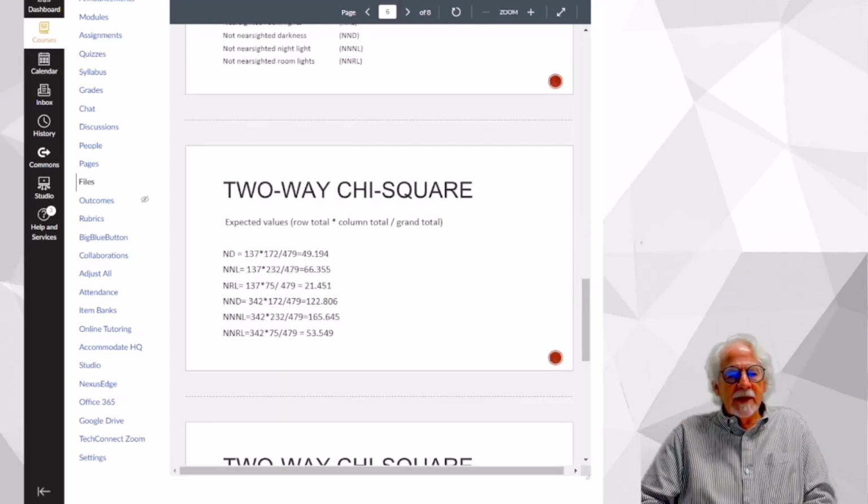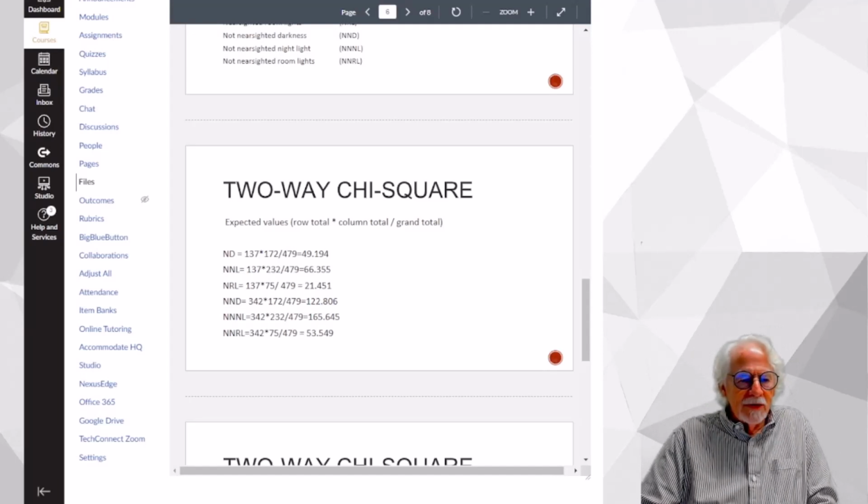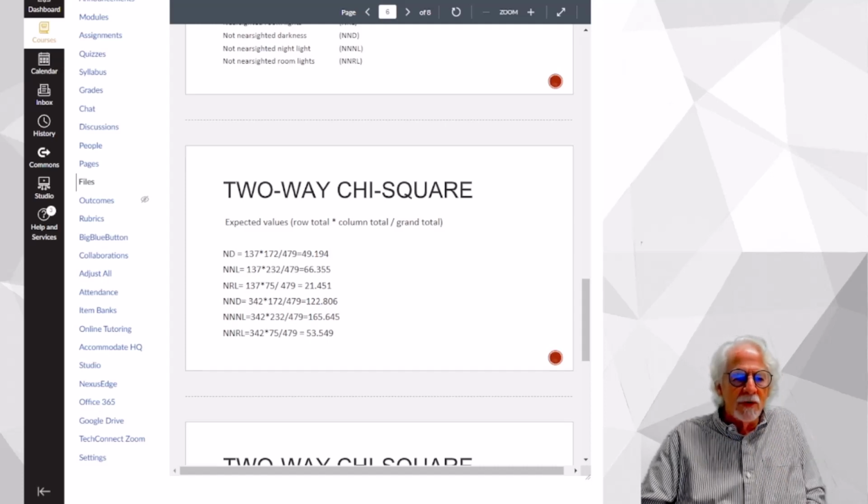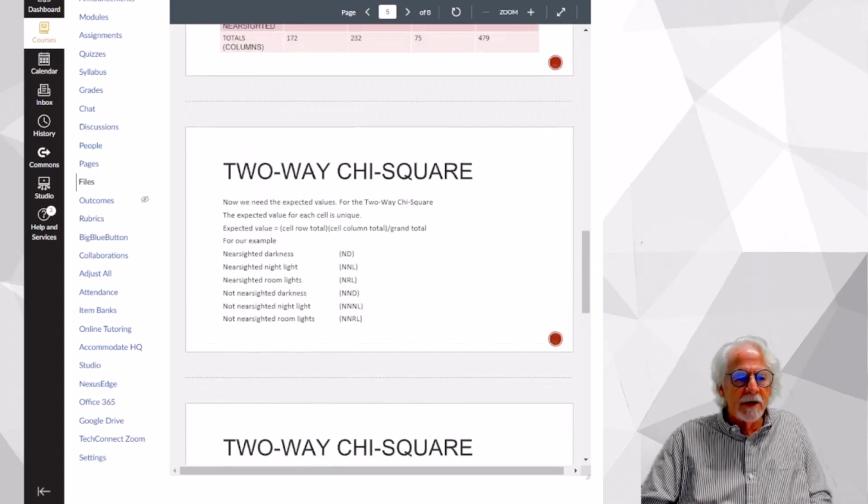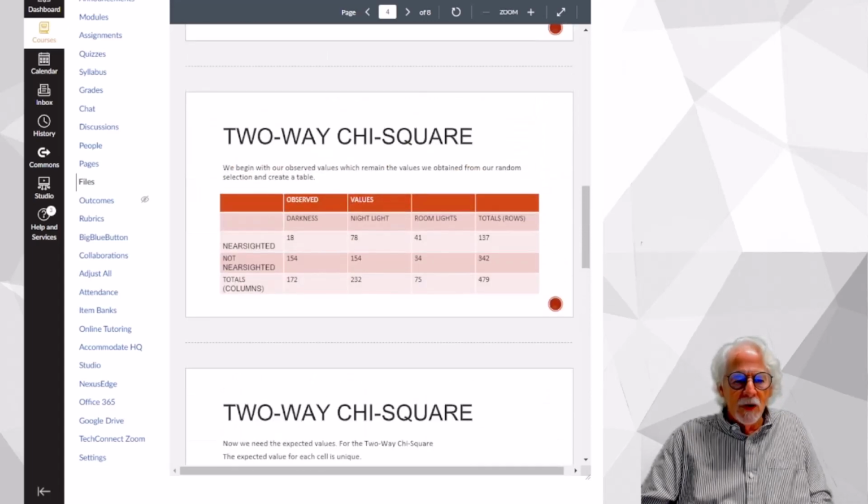So, as I said, the expected values is a little bit different here, right? And so what we do to get the expected value is the row total times the column total divided by the grand total. So for the nearsighted people that sleep in darkness, that is the row total times the column total divided by the grand total.